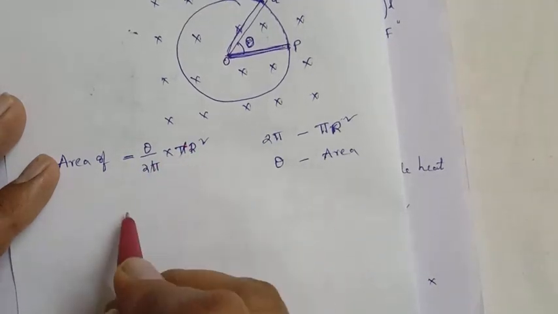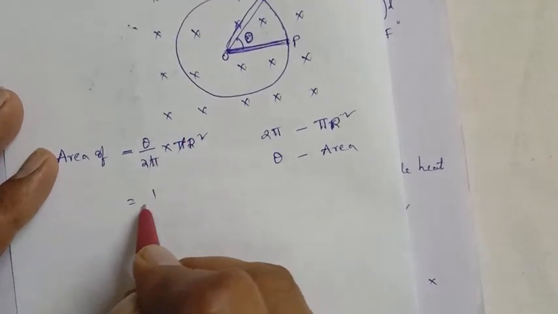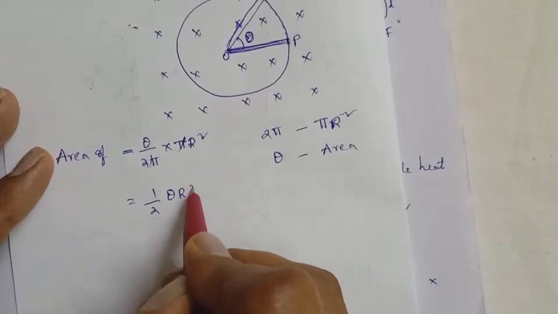Here pi gets cancelled, so the area is theta R square by 2.